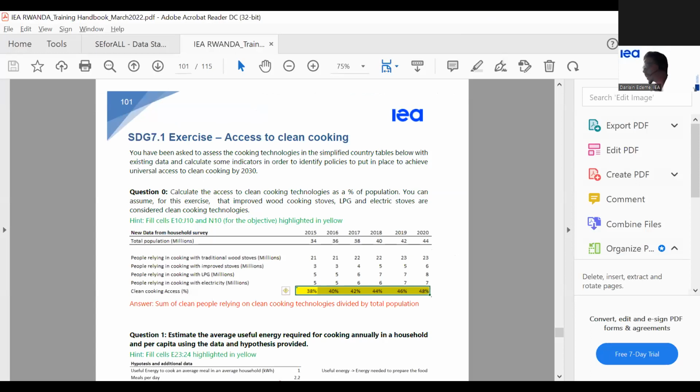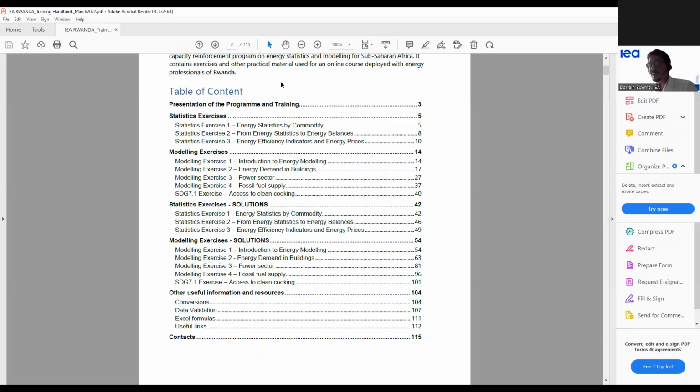So going back to the beginning, you should be able to see right now the handbook for Rwanda, the Statistics and Modeling Training Handbook. As you know, you can go to page 2, in which you have the table of contents. You can go to page 40, in which we have today's exercise. Oh, sorry, I don't think I'm sharing actually. Okay, now you should be able to see it.